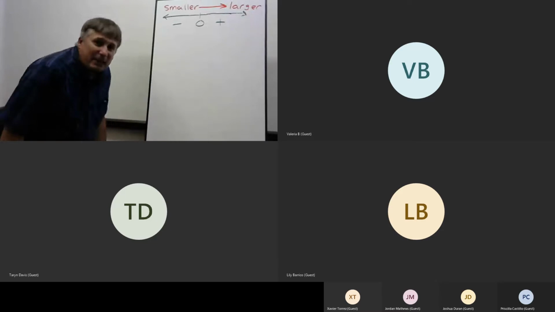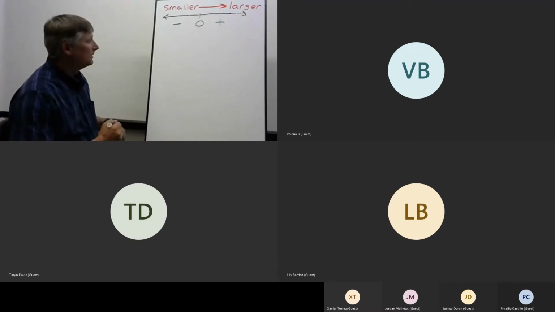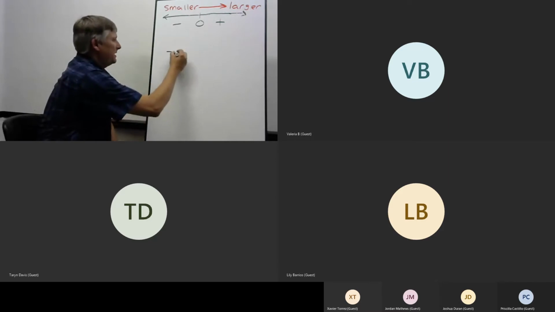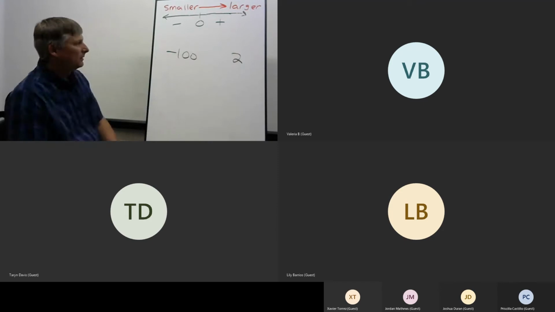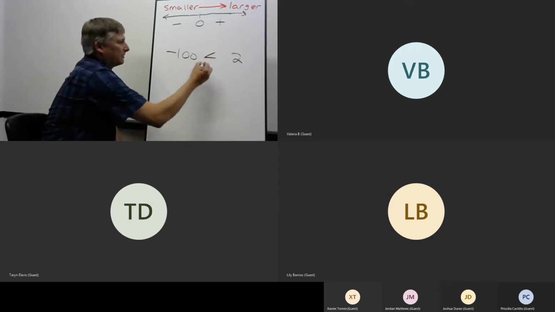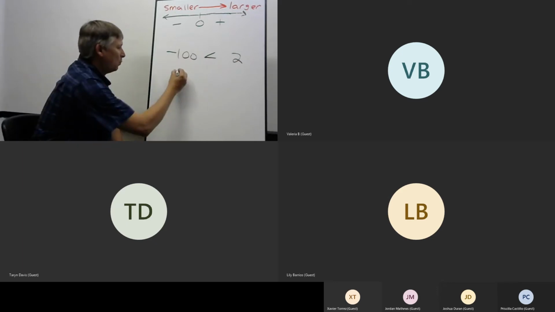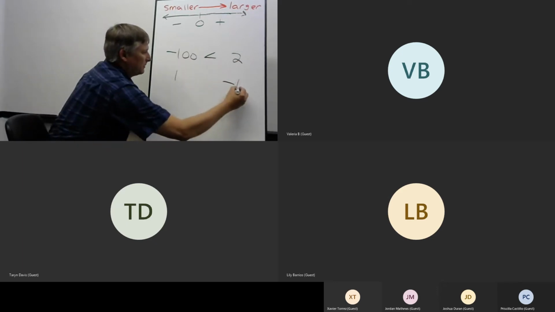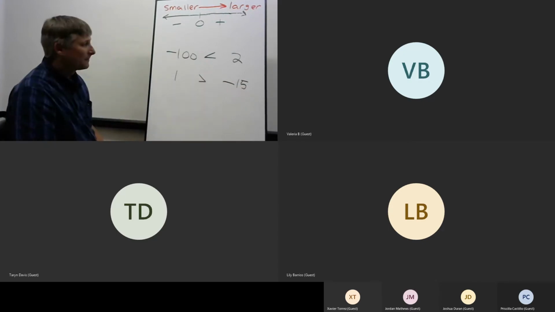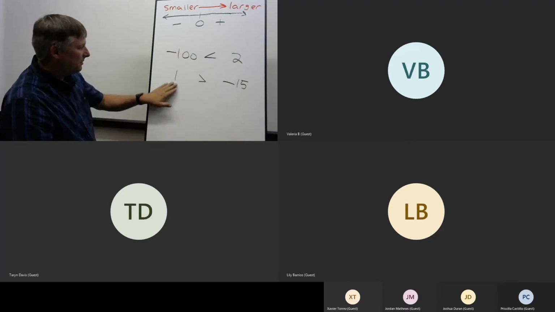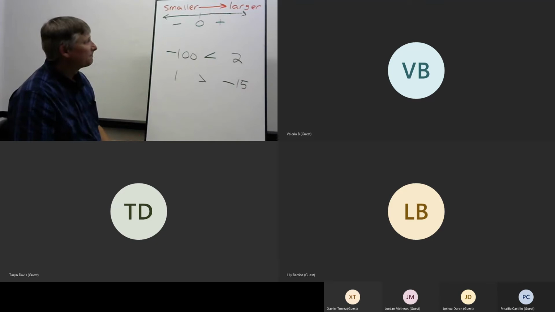So this means any negative number will be smaller than any positive number. So for example, if I have negative 100 and 2, we would put the less than sign between these. Or if I have 1 and negative 15, I'm going to put the greater than sign like that. So sometimes it's tempting just to look at the actual numbers, but the negatives, they're always going to be smaller than the positives.